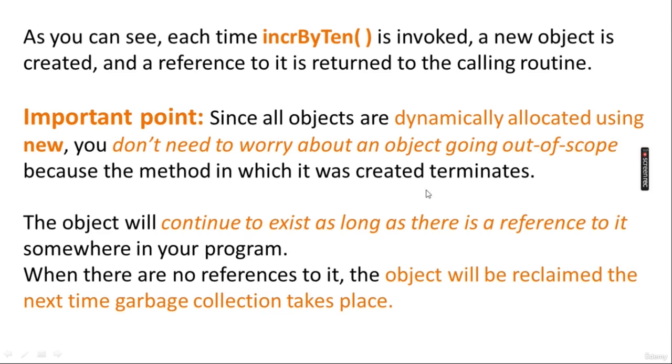Since all objects are dynamically allocated using new, you don't need to worry about the object going out of scope. Dynamic allocation of memory to objects is done using new.